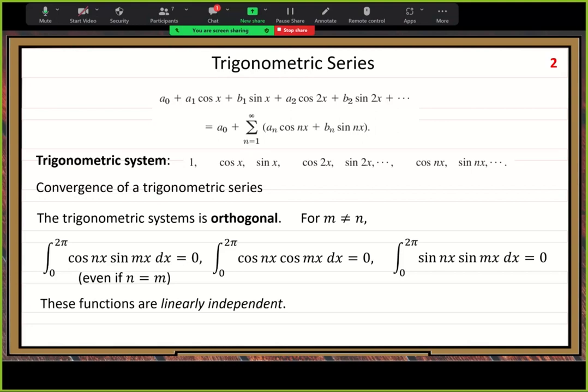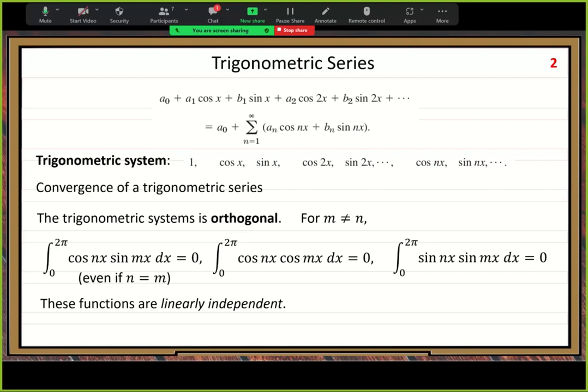These functions are linearly independent. Definitely. All orthogonal basis functions must be linearly independent. That's the strong property of orthogonality. Suppose you have a certain number of basis functions.